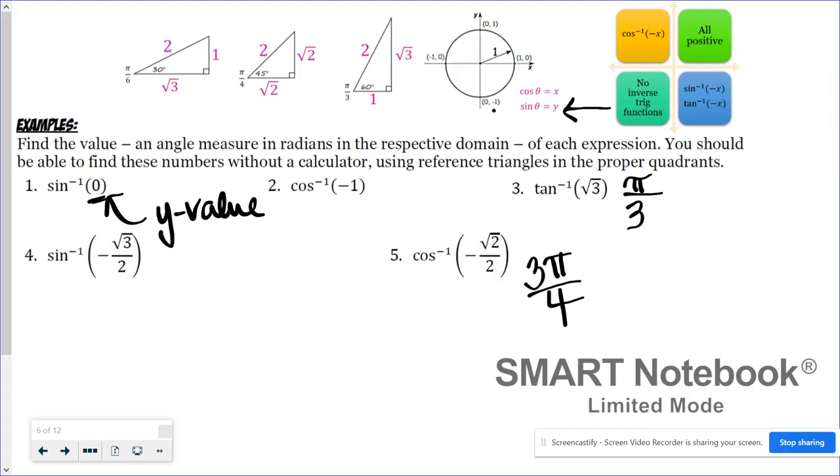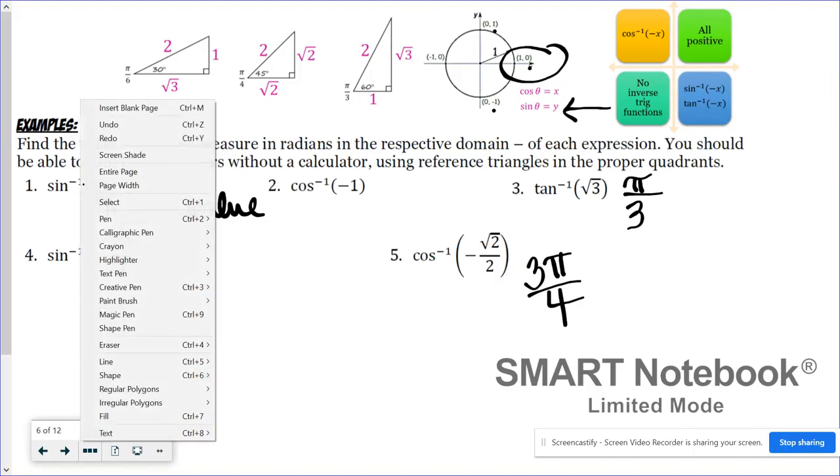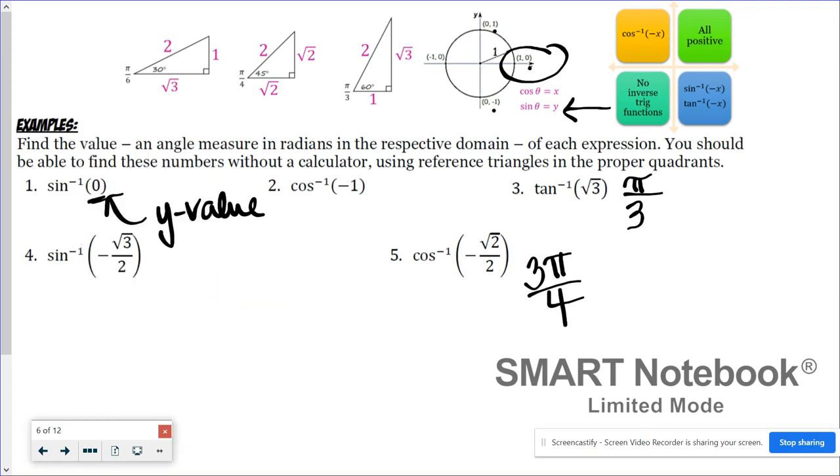So we're talking these values here. I'm seeing a y value of 0 here at 0 radians. So inverse sine of 0 has a value of 0 radians.